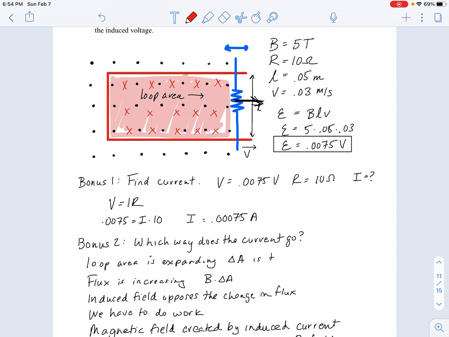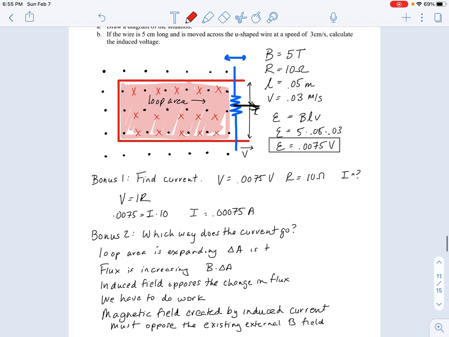Okay. So now what I'm going to do is use a right-hand rule to figure out which way that current needs to be. So this induced magnetic field is going into the page, and if I think about these loops of magnetic field caused by a current carrying wire, they would have to go into the page on the interior.